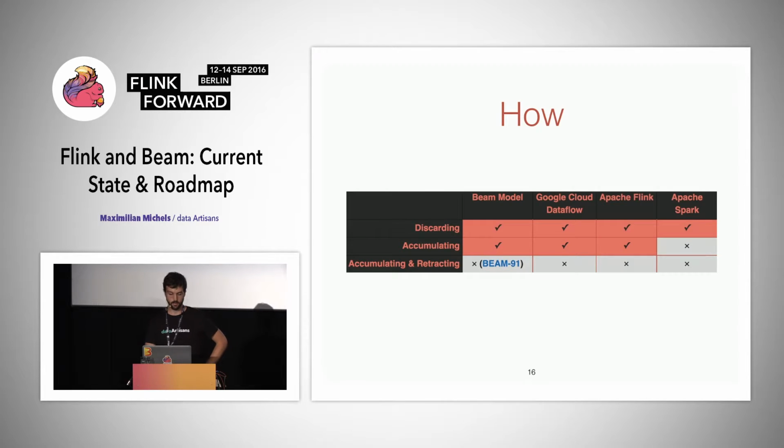And just for completeness, the how, similar situation here. There are these two modes right now, discarding or accumulating. So whether you discard the state after you fire a window or you accumulate, so you keep the state around to refine your state when new data comes in and fire again.